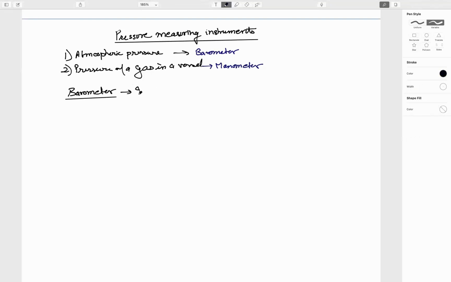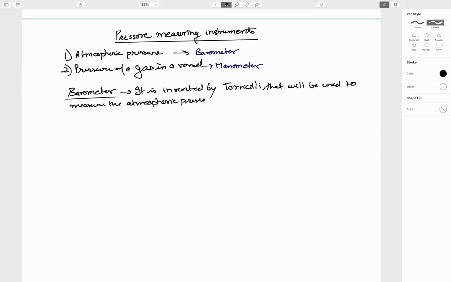The barometer was invented by Torricelli, and it is used to measure the atmospheric pressure.